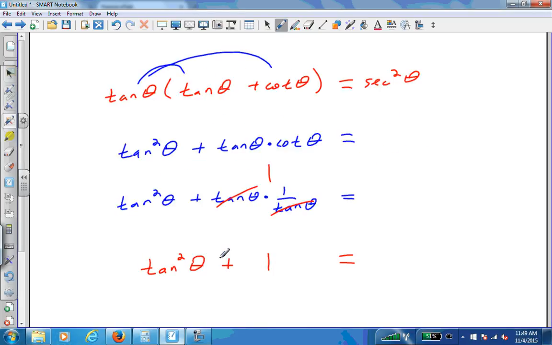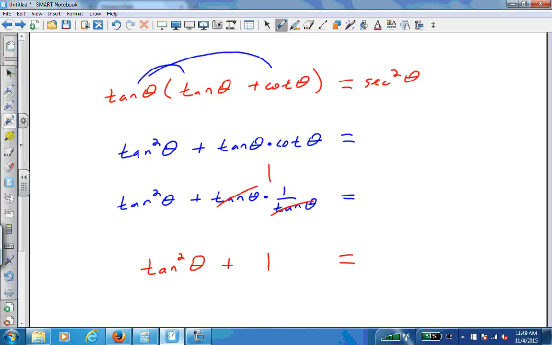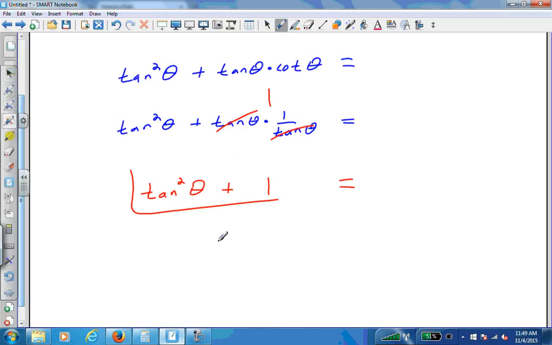So what's tangent squared plus 1 the same thing as? Secant squared. So we can replace it with secant squared. And what's our angle? Theta. Well, that's what we had on the other side. It'd be nice if they're all that simple. Some are, some aren't.